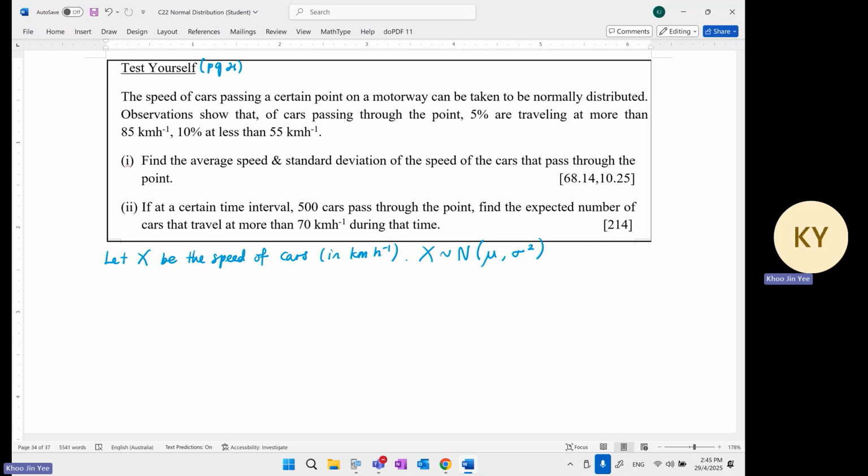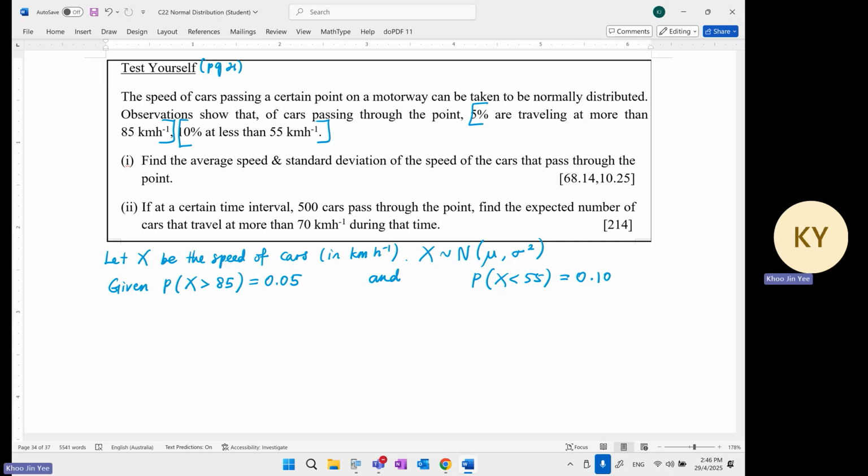Now observations show that 5% travel more than 85. So given that when x is greater than 85, the probability is 0.05. And at the same time, when it is less than 55, the probability is 0.10.